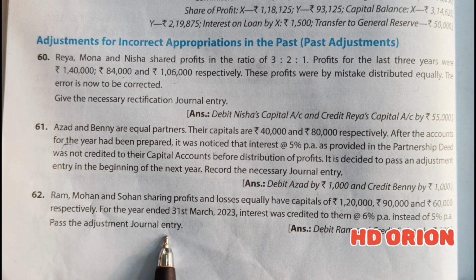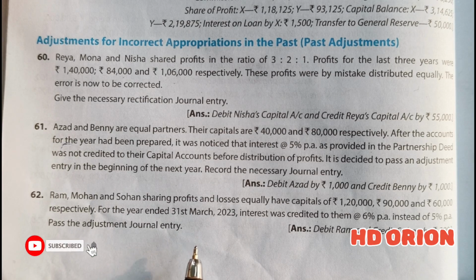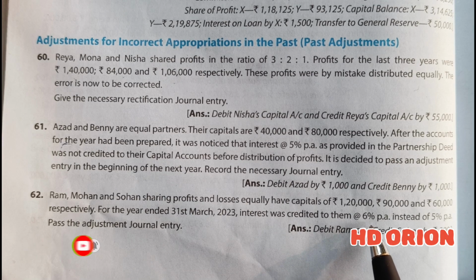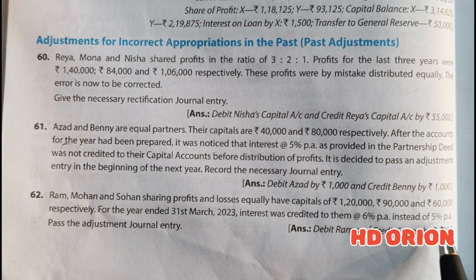Pass the adjustment journal entry. Now here in this case, 6% per annum interest has been allowed to them, which is wrong. 5% was the recommended rate of interest, and by mistake they have been provided 6%. So we need to correct this. So let us see the solution.